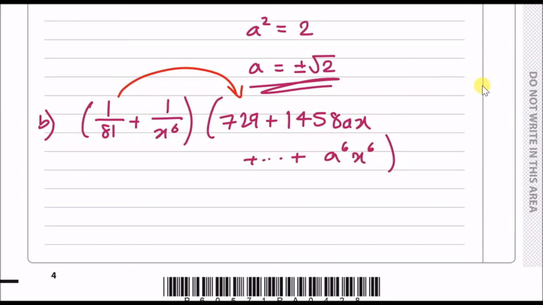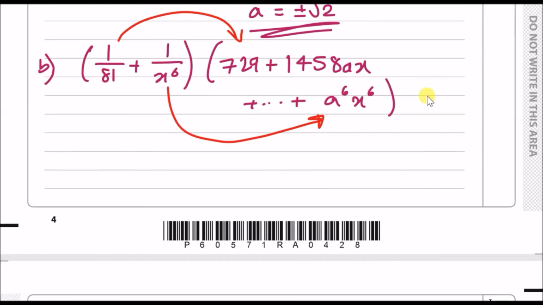And we multiply 1 over x to the 6 with the final term, so this x to the 6 cancels with this x to the 6. 1 over 81 times 729 gives us 9, plus 1 over x to the 6 times the last term, which gives just a to the 6, because the x is cancelled out.